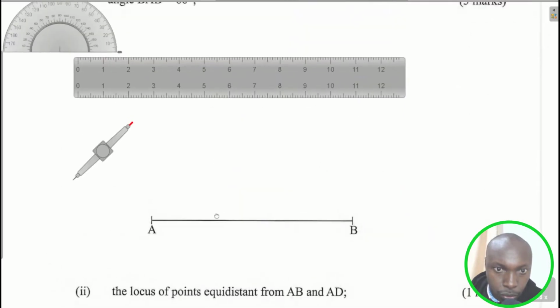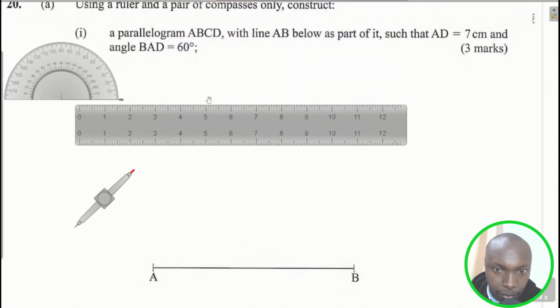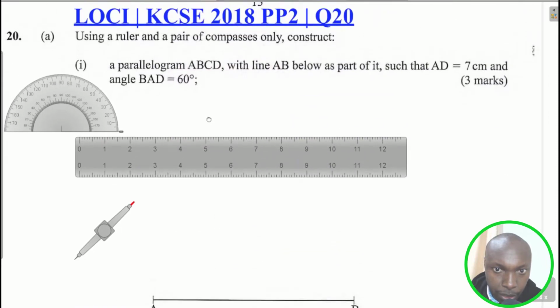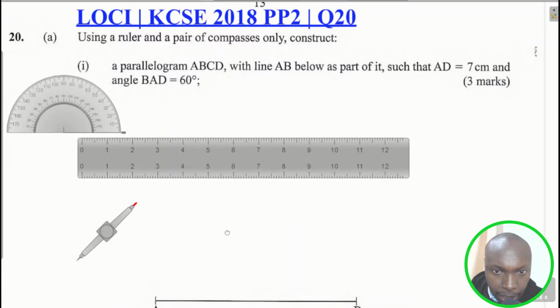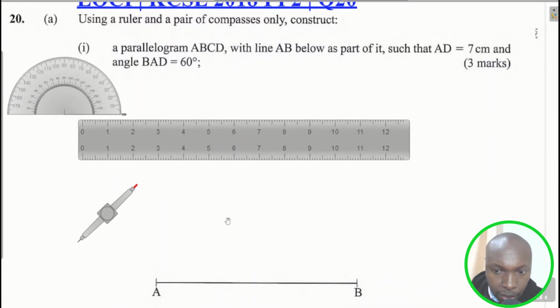Let's go to the first part of the question, that is A part 1. For A part 1, you're supposed to construct a parallelogram ABCD. You're given the line AB as part of it, then AD is equal to 7 centimeters, and you're given BAD as 60 degrees.